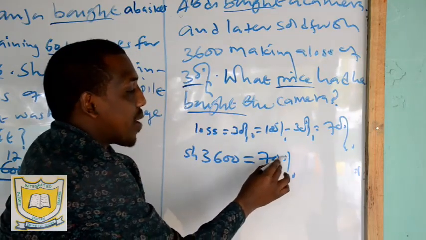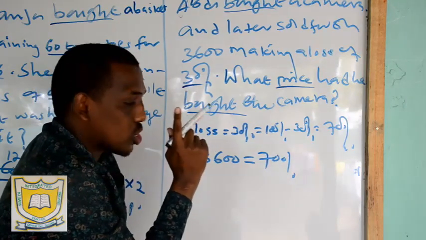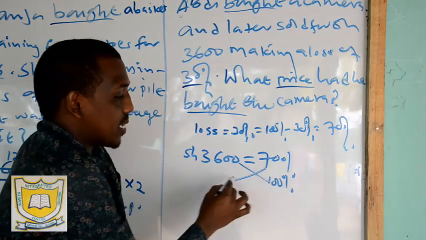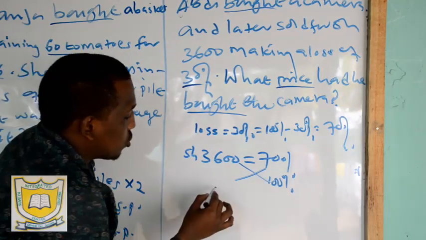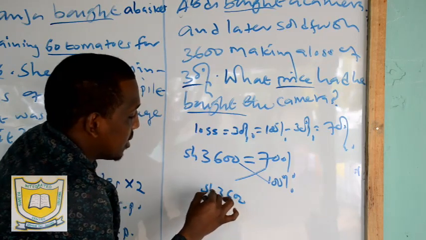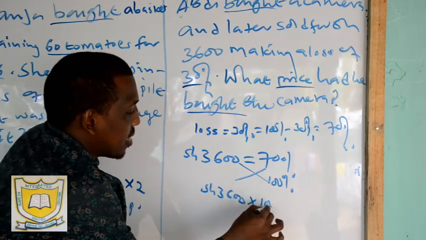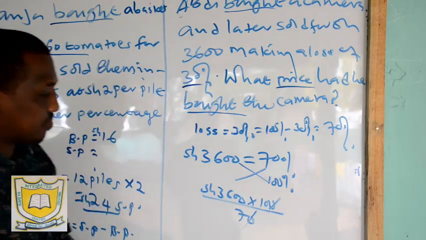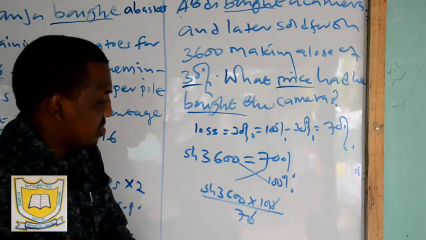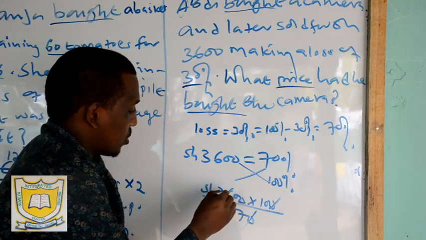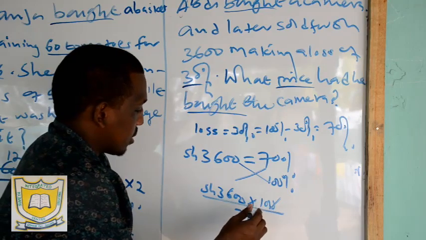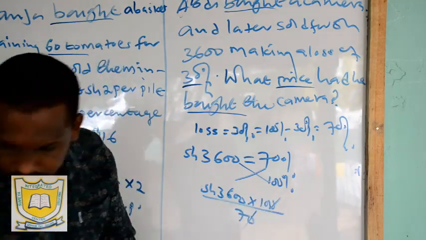So they're asking now the buying price. What was the price? That is always 100%. Ask yourself, what about 100%? So buying price 100%. Cross multiply. So 3,600 shillings multiplied by 100 over 70. Cancel, cancel. Then we divide. So you say 6,300 divided by 7.